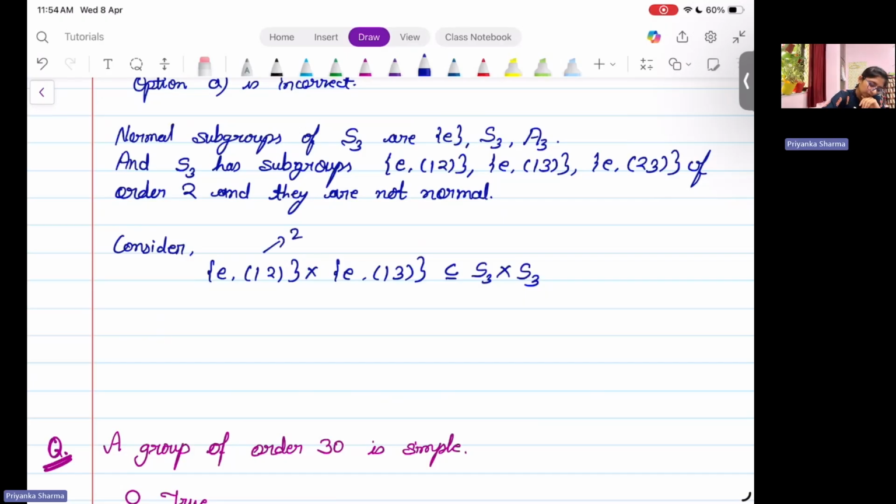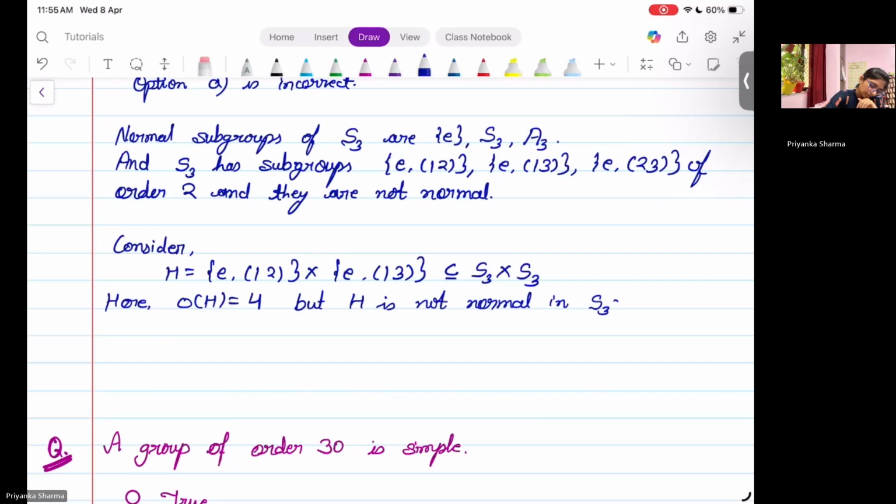Here it has order 2, it has order 2 as well. So I'm saying that this is H. Here, the order of H is 4, but H is not normal in S3 cross S3.